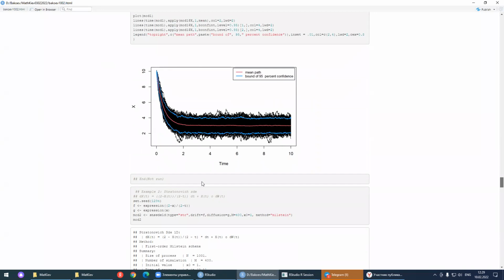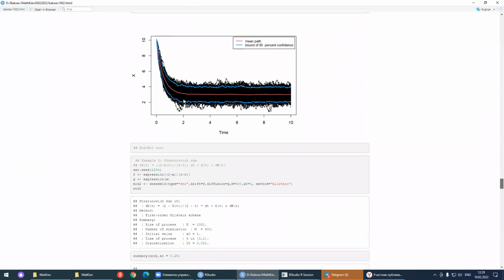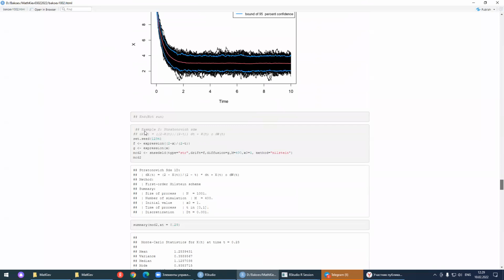The next example was the Ito stochastic differential equation. The next example is about the Stratonovich stochastic differential equation. With this Stratonovich differential equation, we can use the function.